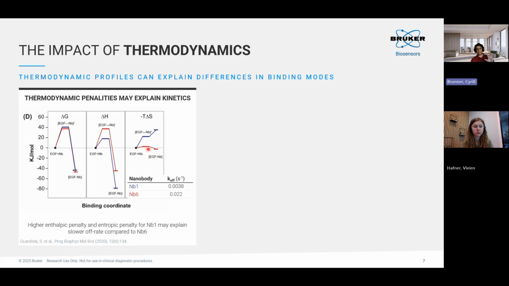Similarly, the entropic contribution for the blue one, so nanobody 1, is different than it is for the red one, where the entropic contribution doesn't really play into it at all. So the overall combination of enthalpic penalty and entropic penalty in order to reach a transition state can explain, when you compare 2 nanobodies with each other, or the 2 components with each other, whether one or the other might actually do a better job in the off rate or in the on rate or overall in the kinetics.